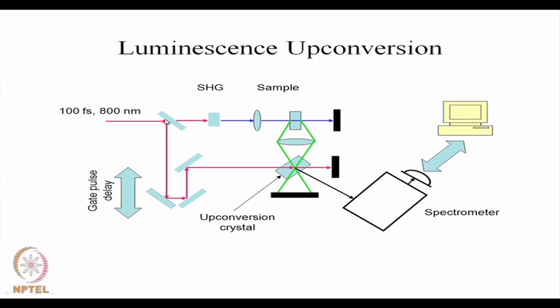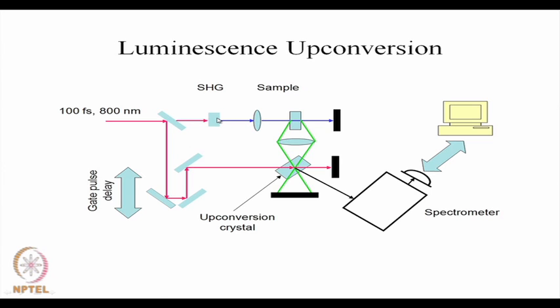One is directed this way, and it will be used as the gate pulse, and the other portion is fed into a second harmonic crystal.